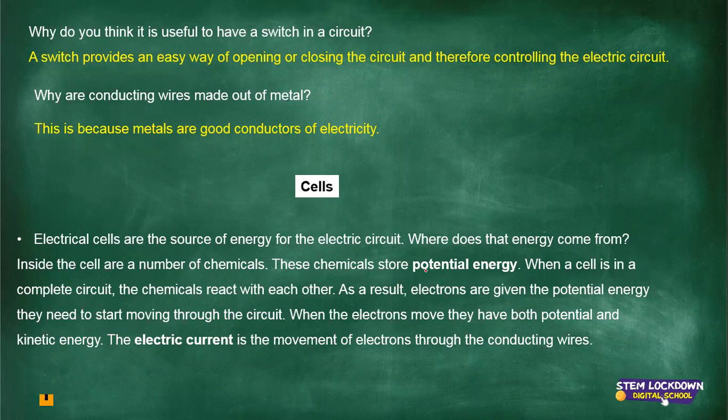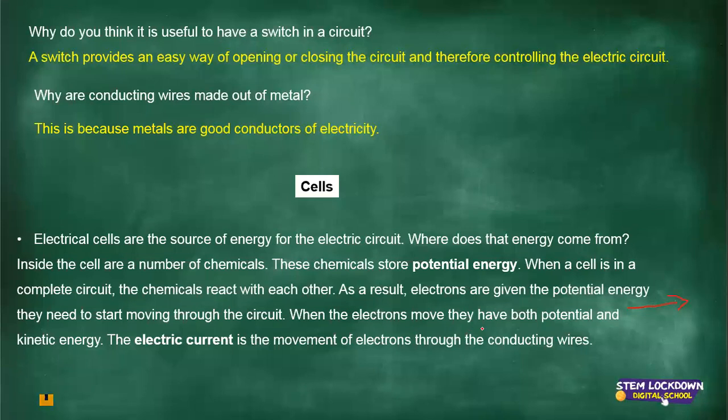When a cell is in a complete circuit, the chemicals react with each other, and as a result, the electrons are given potential energy and they start moving through the circuit. Remember I said they move in one direction. They don't move in any direction.